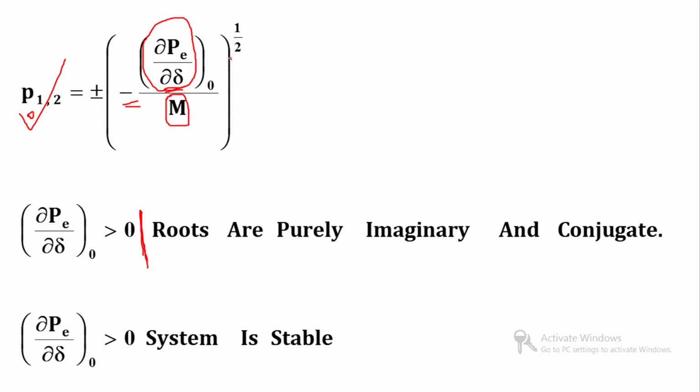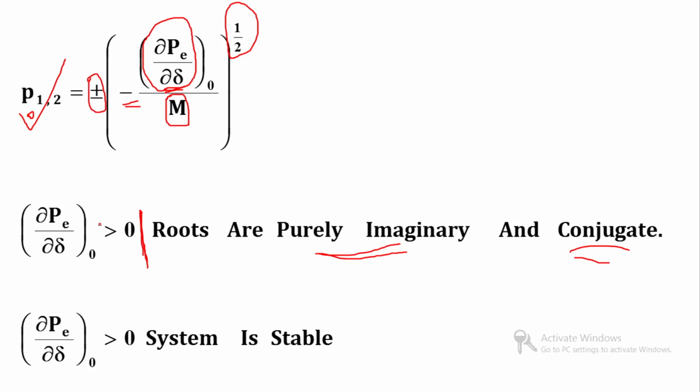So the square root of this negative is purely imaginary, and both roots are complex conjugates because of the plus or minus.